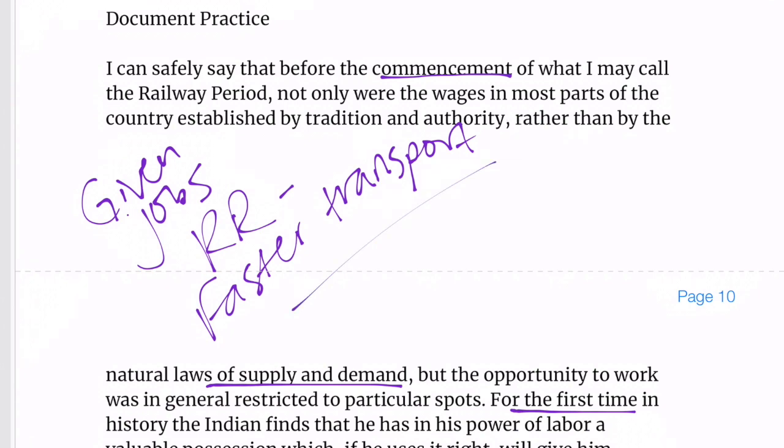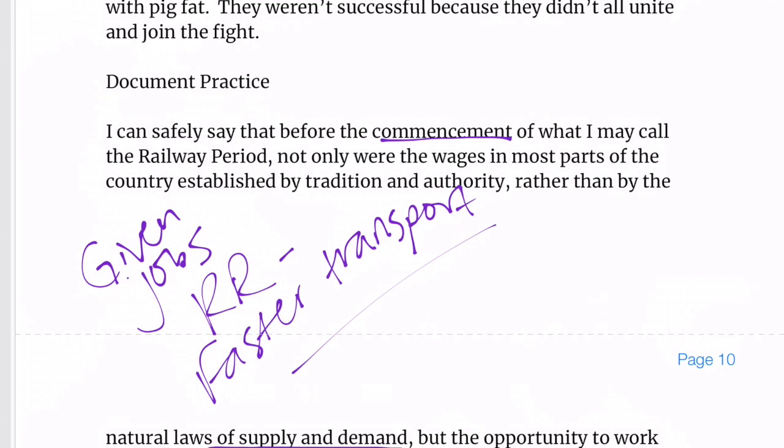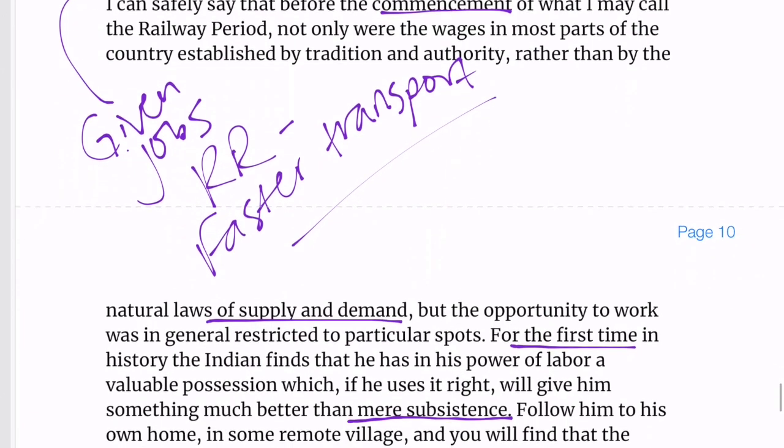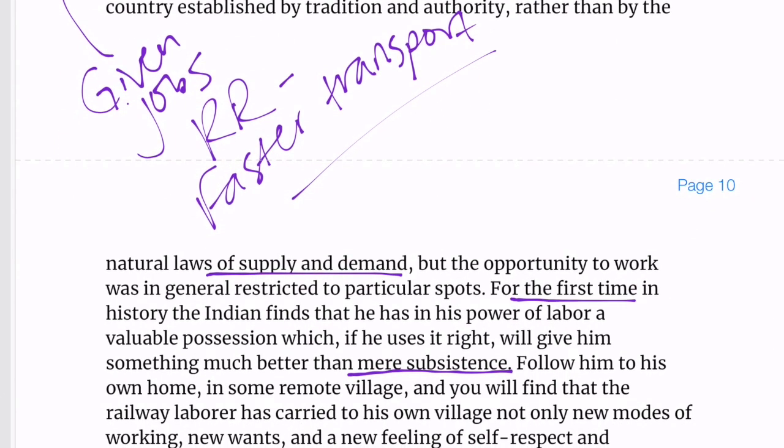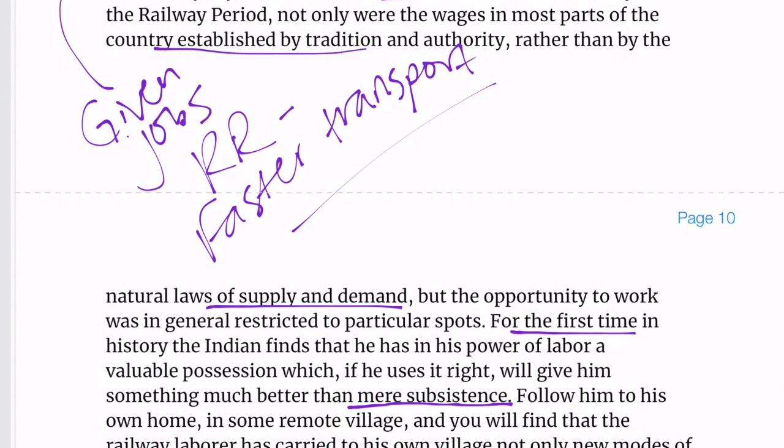What would the context of this be? Well, this is the context. Imperialism, right? Imperialism going in and putting in these railroads. These are the benefits that we have done for you. And then he even talks about how they've lifted the old law established by tradition and authority. So we went against the tradition and authority which was restricting you, right?